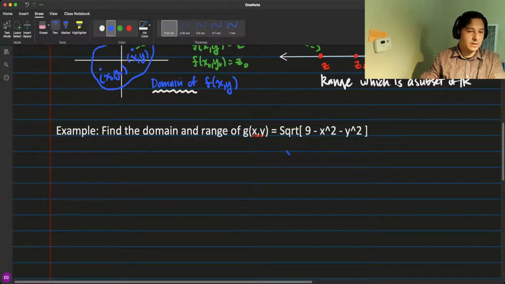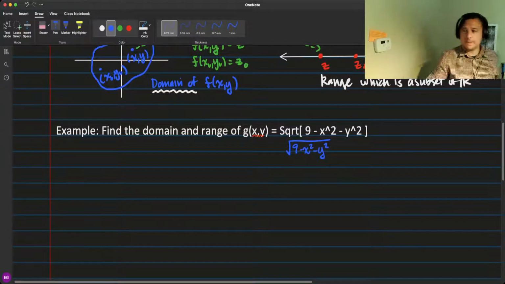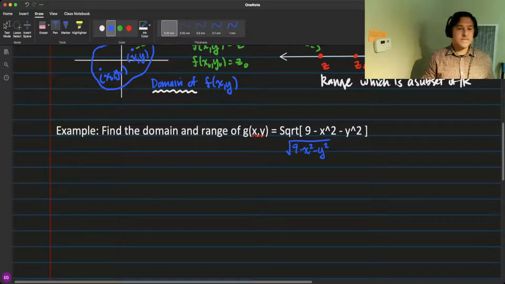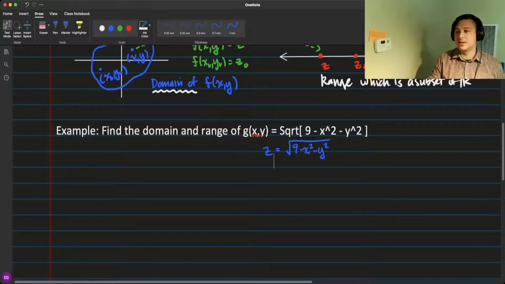So we've got our square root of 9 minus x squared minus y squared. Okay, so we would write z equals the square root of 9 minus x squared minus y squared. Looking at this, what do you know about the square root function in terms of its domain?